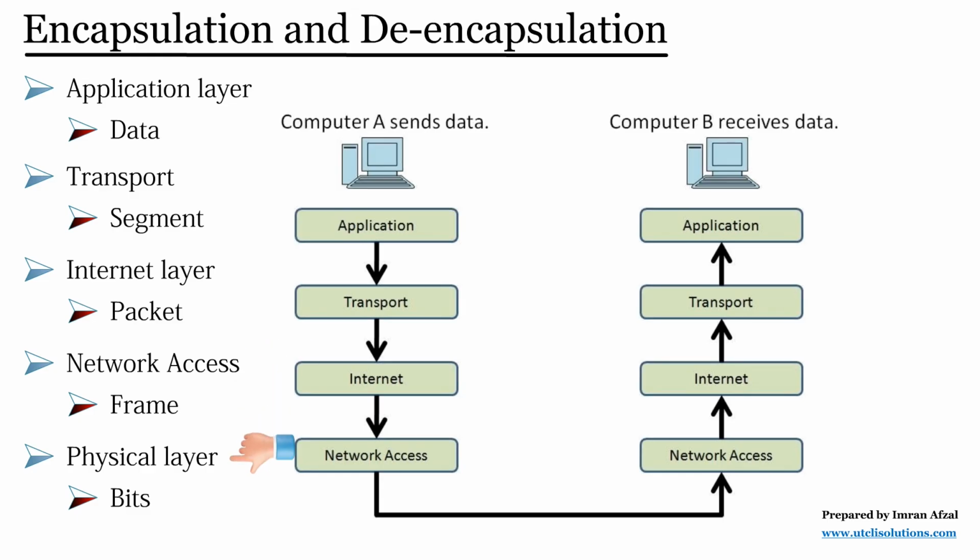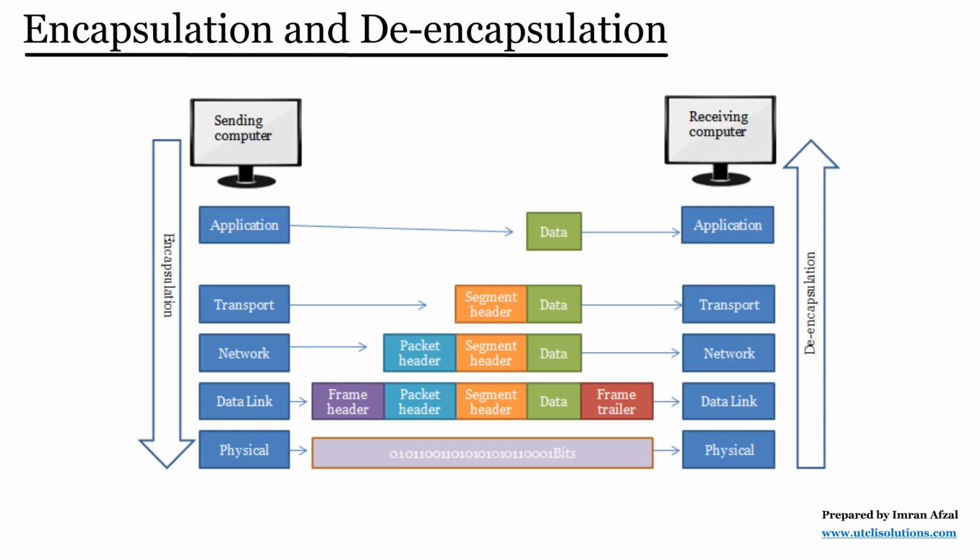And at the physical layer, it is represented as bits. These names help identify where a problem might occur during transmission. For example, if a frame is dropped but the packet is intact, the issue is likely at the network access layer.